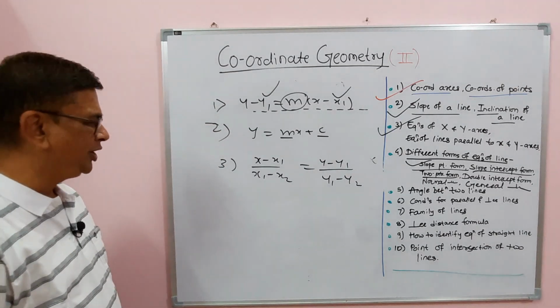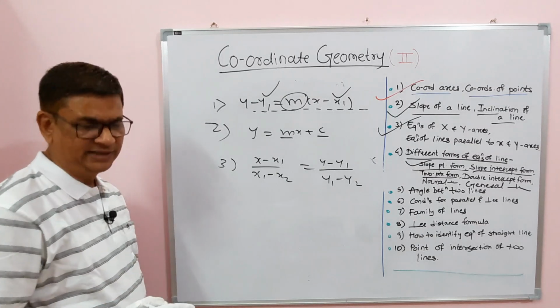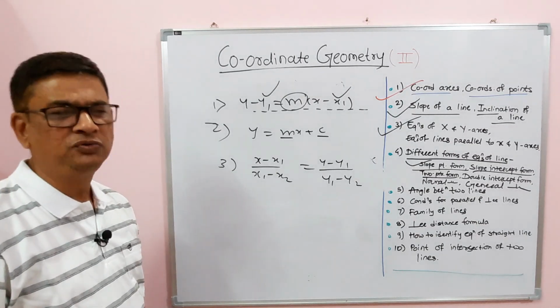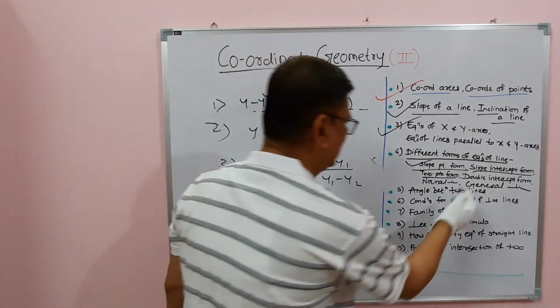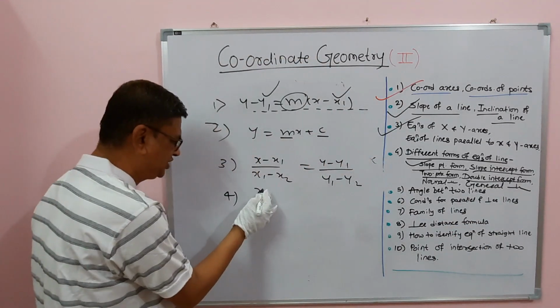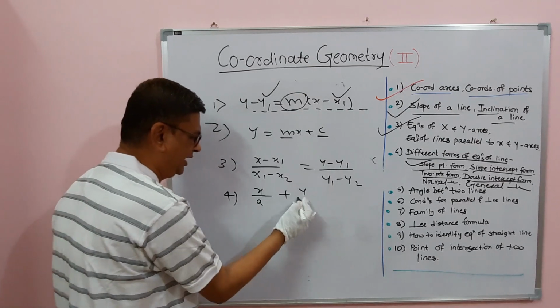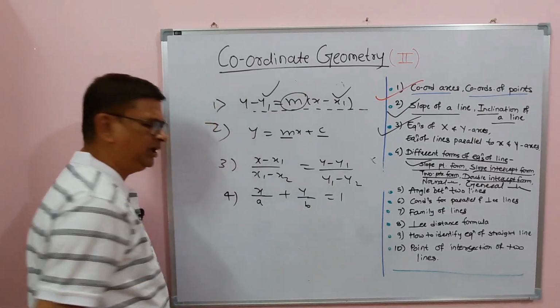Why is it called 2 point form? Because the 2 point coordinates, (x1, y1) and (x2, y2), are used to get the equation. Next is called double intercept form, which is given by x upon a plus y upon b equal to 1.